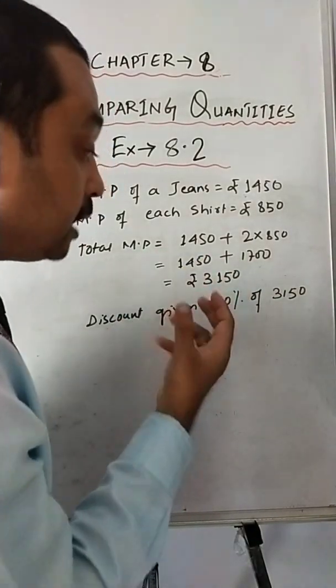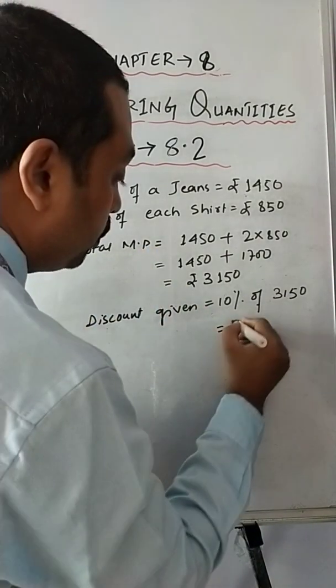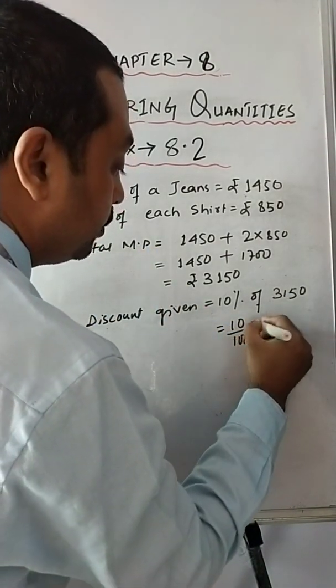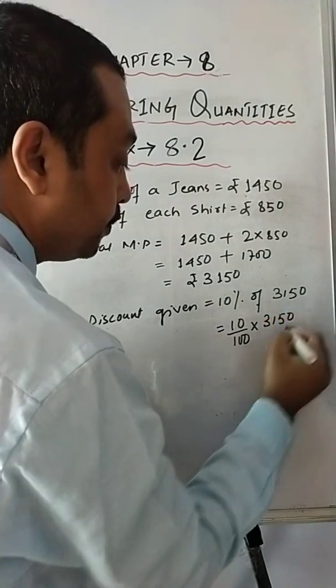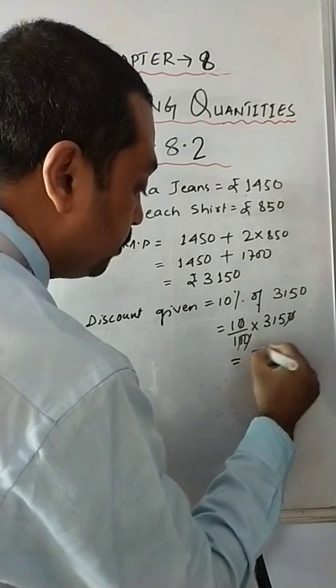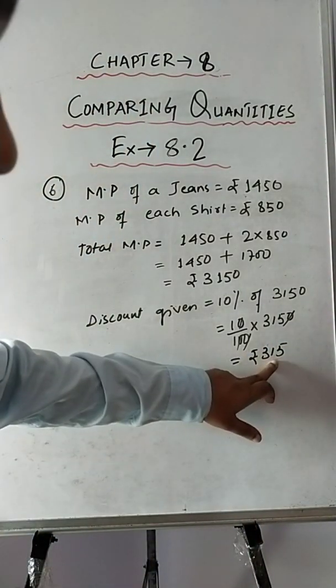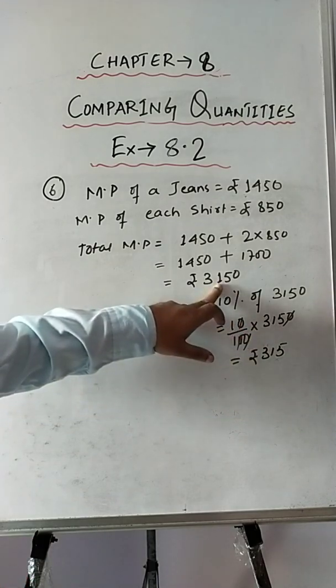So we have to find 10% of the total MP. That would be 10 by 100 into 3150. Reduce these two zeros, and the answer would be 315. That means this is the amount which will be deducted from the total MP.